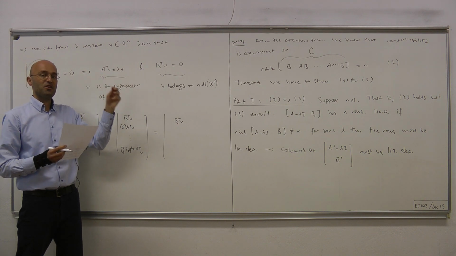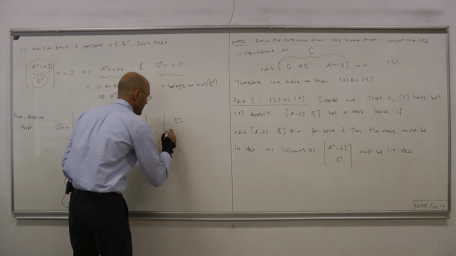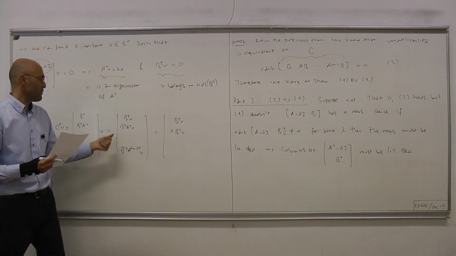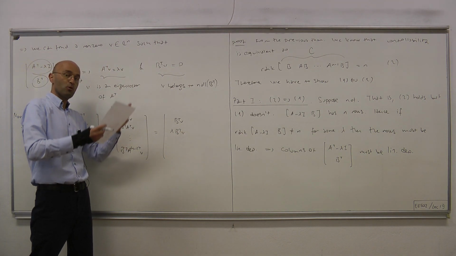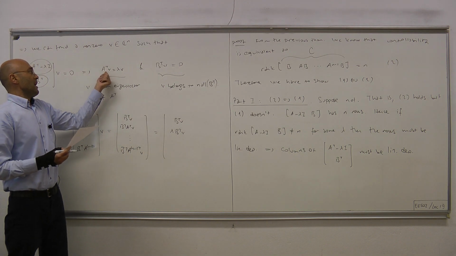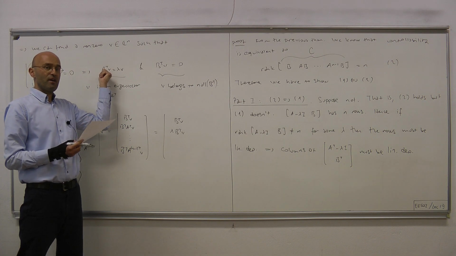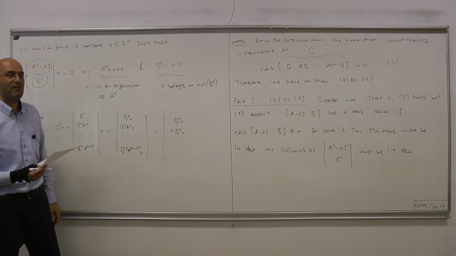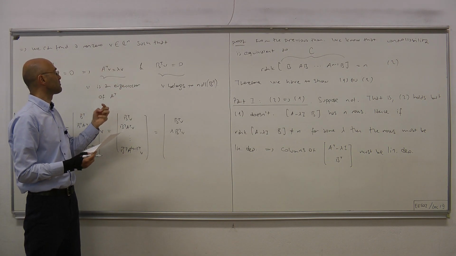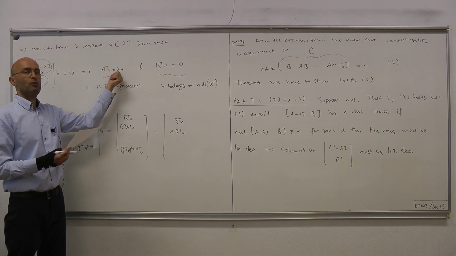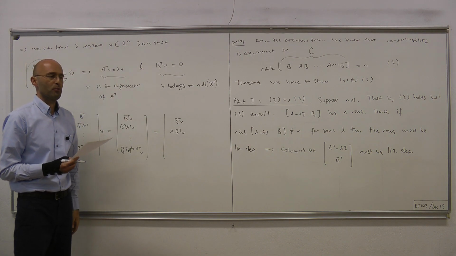This is B transpose V, and A transpose V is lambda V, and lambda is a scalar, therefore we can put it anywhere we like. So let's put it here: lambda times B transpose V, and then we have B transpose times A transpose squared times V. Now, since V is the eigenvector of A transpose, naturally it's also the eigenvector of A transpose squared, or any power of A transpose, and the corresponding eigenvalue will be lambda raised to the appropriate power.